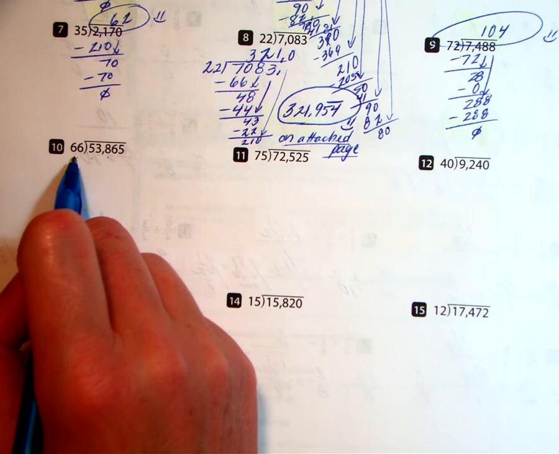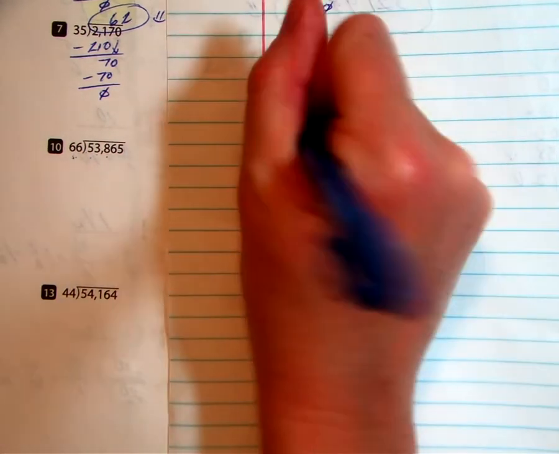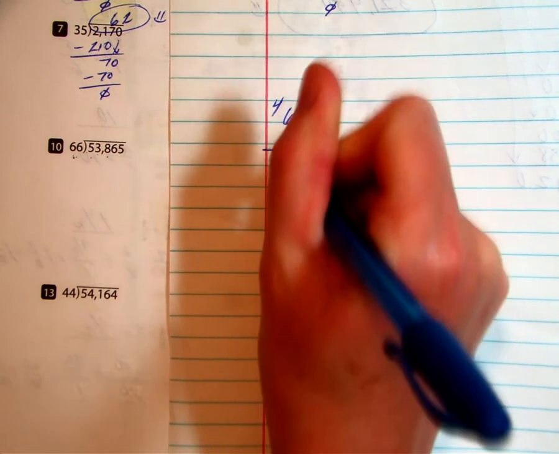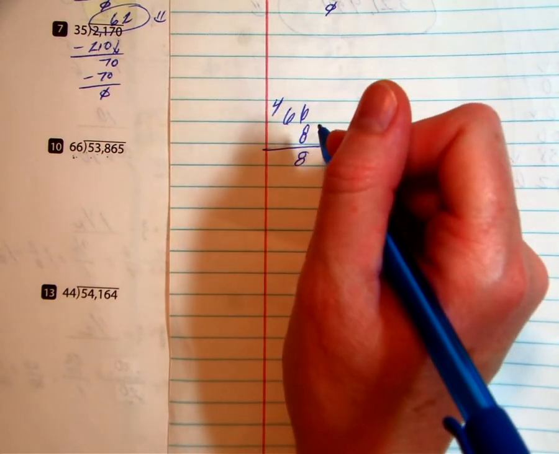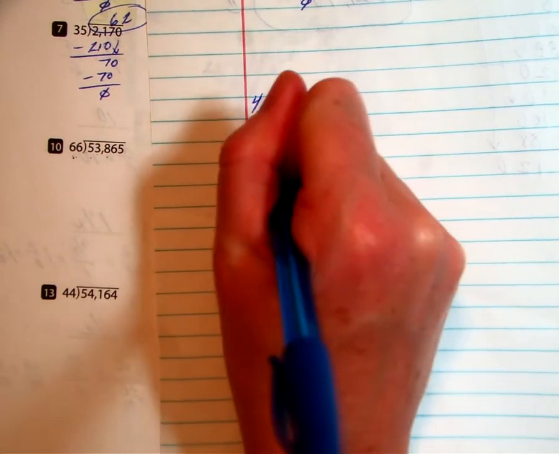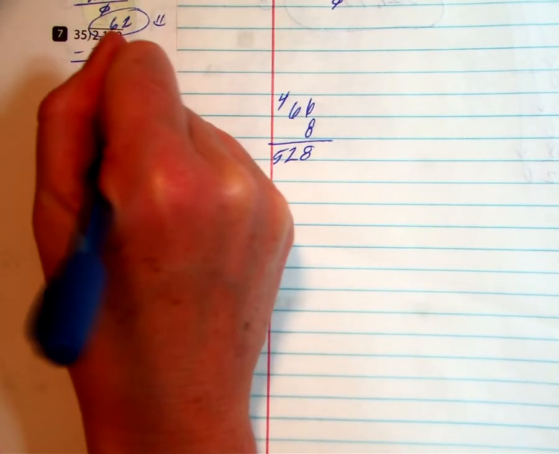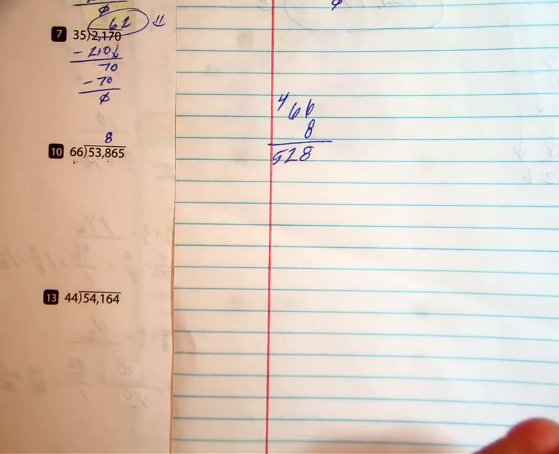So that'd be 6 times 8. Alright, Mr. Scrap Paper, talk to me. 66 times 8. Yep, that's as close as we're going to get. Alright, so it goes in 8 times.